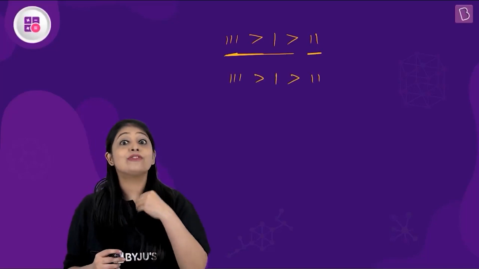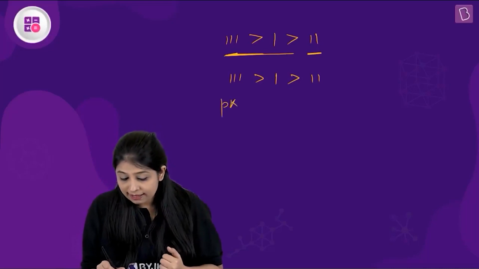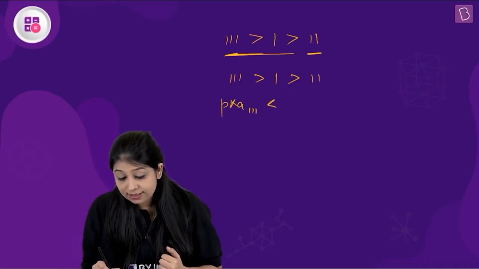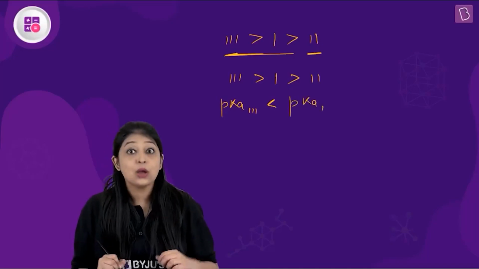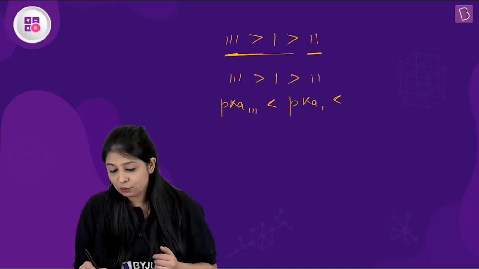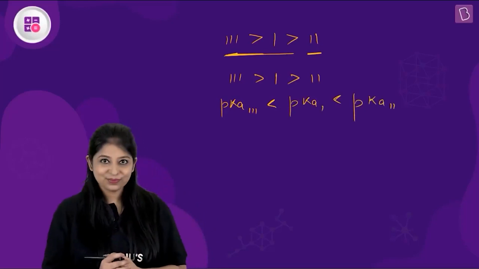However, we know that the pKa value of the most acidic compound will be smaller, right? So that means the pKa value of compound 3 will be smaller as compared to the pKa value of compound 1, which will be smaller as compared to the pKa value of compound 2, right?